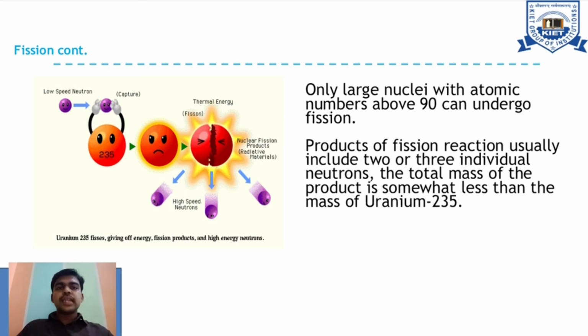That is our major scenario. The products of the fission reaction usually include 2 or 3 neutrons, but the total mass is less than the uranium 235. Look at the diagram, which I already mentioned. Once again, uranium 235 in this fission reaction gives off energy, fission products and high energy neutrons.